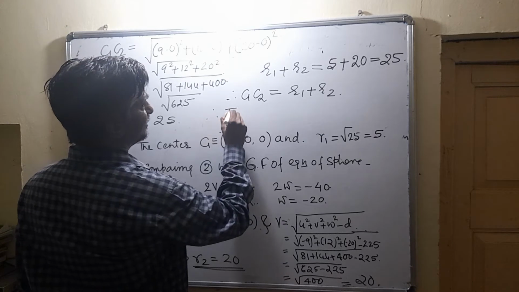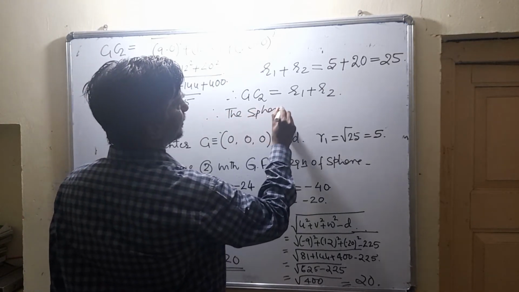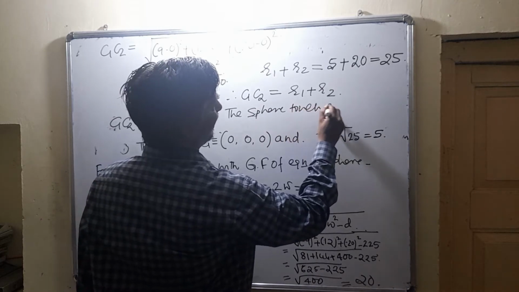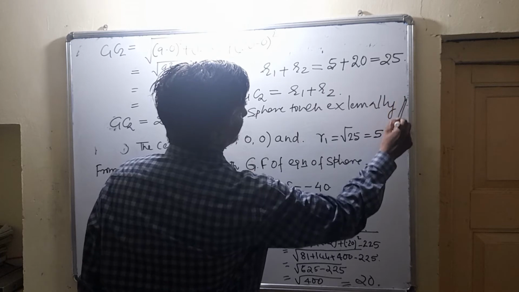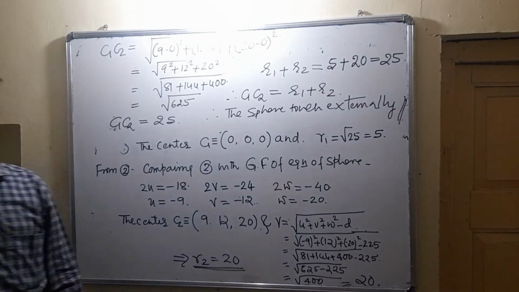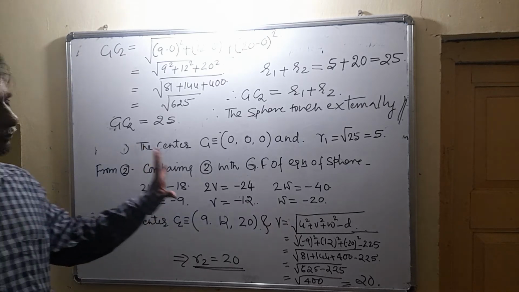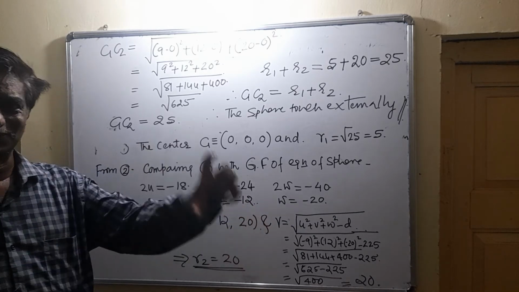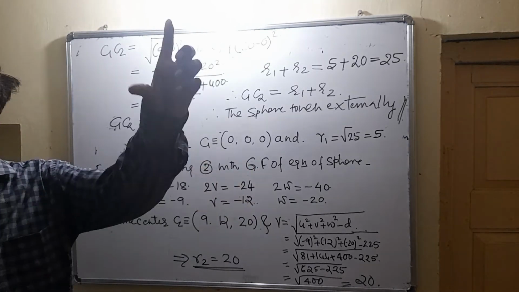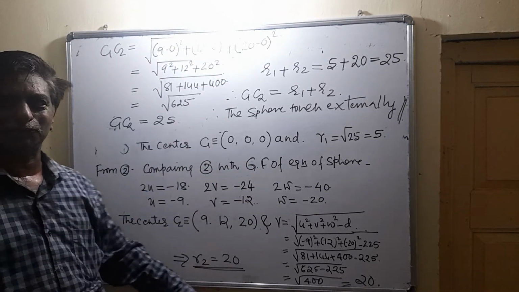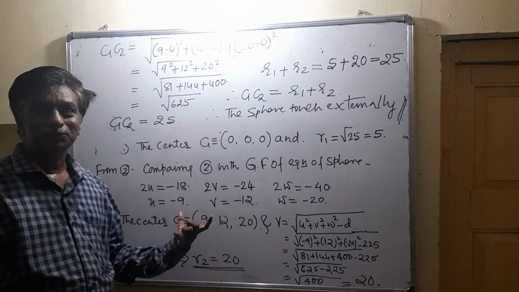Therefore the spheres touch externally. We proved the first part. Clear? Any doubts? Very simple example, but a big example, not short. In your PU you may solve it in half a page, but we require a number of pages. This is the first part.